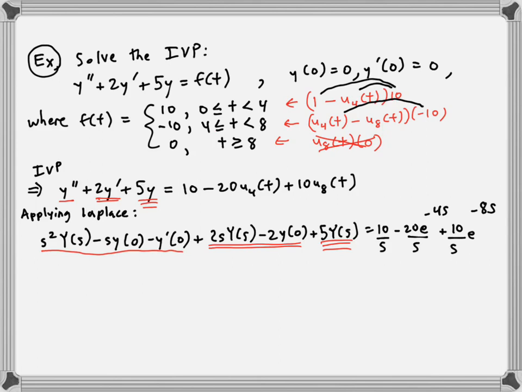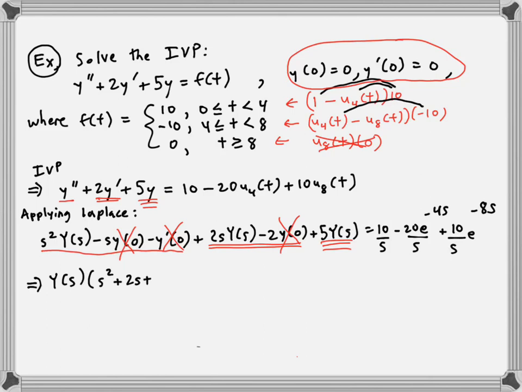Okay? Now what? Let's use our initial conditions, right? We have here that y of 0 is 0 and y prime of 0 is 0. This is good. That means this is 0, this is 0, and this is 0. So what's left? This means that I have Y of s times, if I factor it out, s squared plus 2s plus 5.